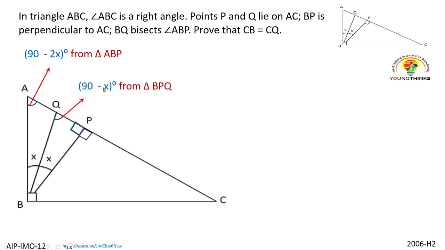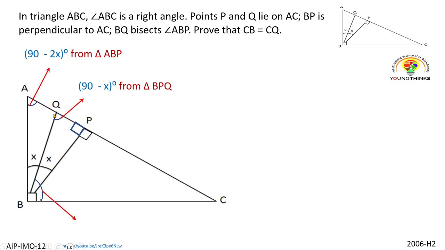So this angle is 90 minus x, from a 90 degree right angle triangle, with 90 subtracted and x subtracted. Next, the value of this angle is going to be 90 minus x.